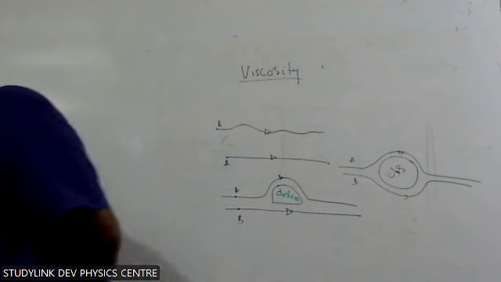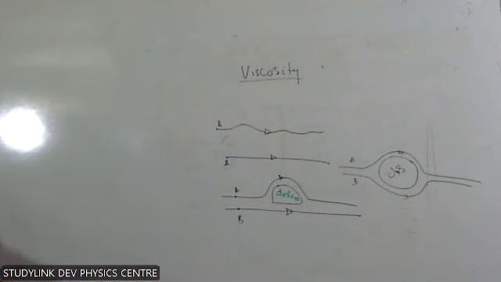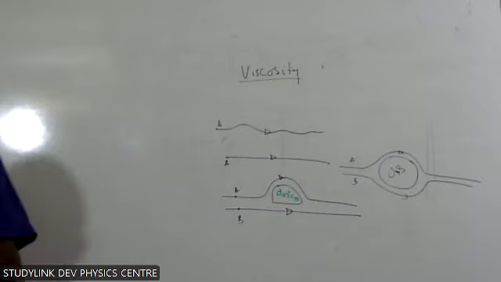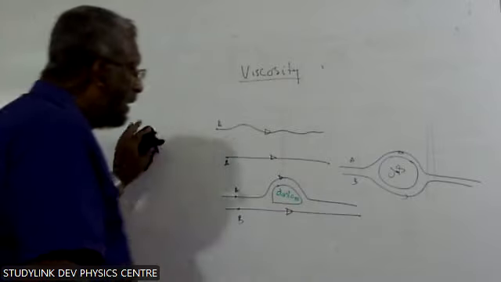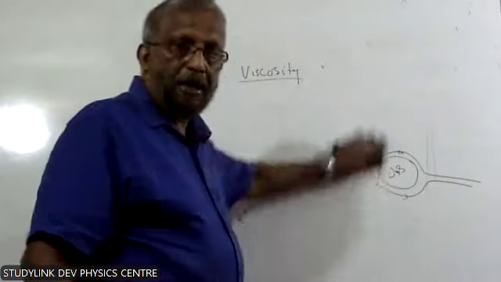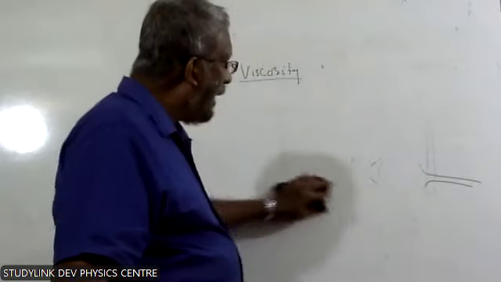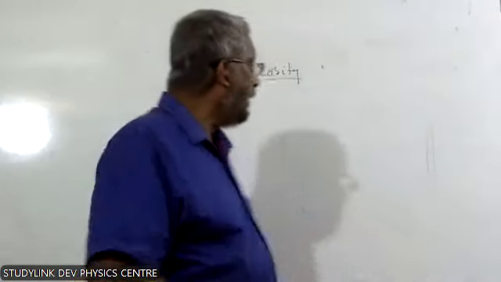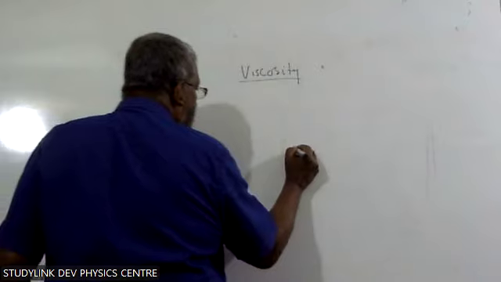Next one, steady flow. Steady flow means we consider a point in the path of the flowing liquid.